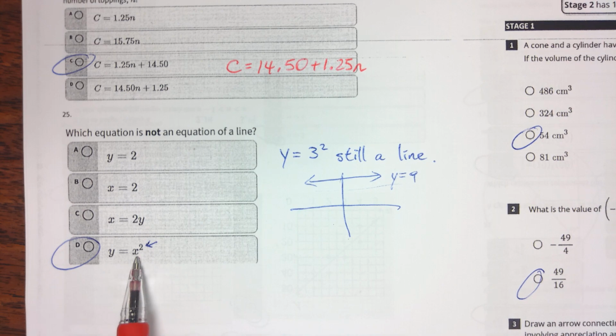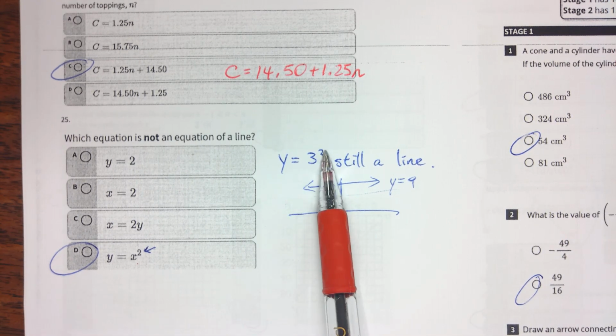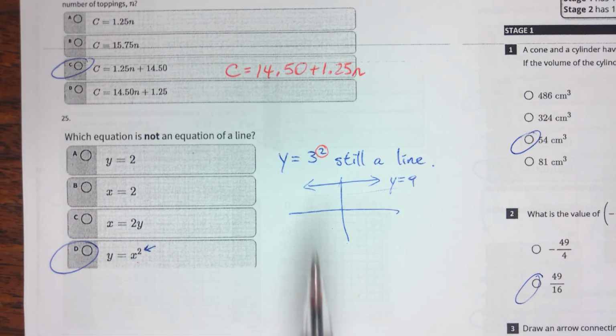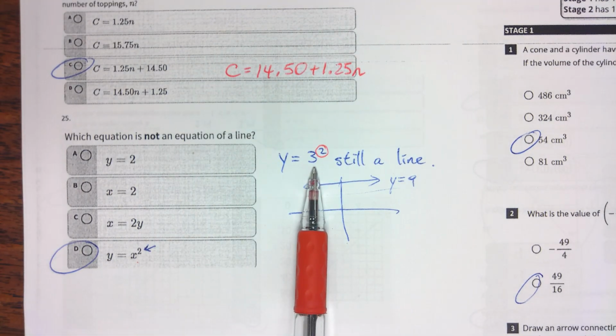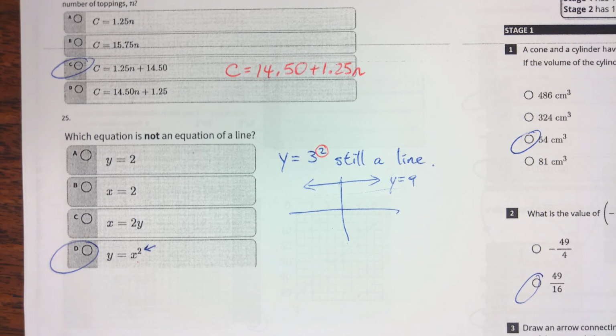Grade 9, all you do are lines. Right here though, y equals 3 squared. I just said that anything with a square is a curve. What about this one? Is this a curve or a line? It's still a line because 3 squared is just 9, so you get a horizontal line. So it's an exponent on a variable.